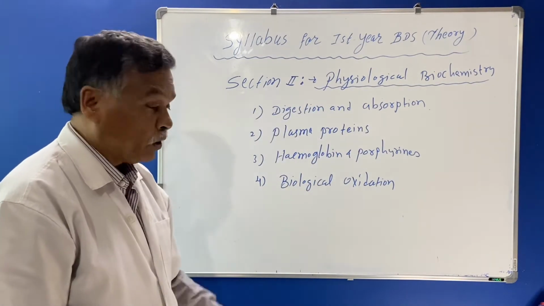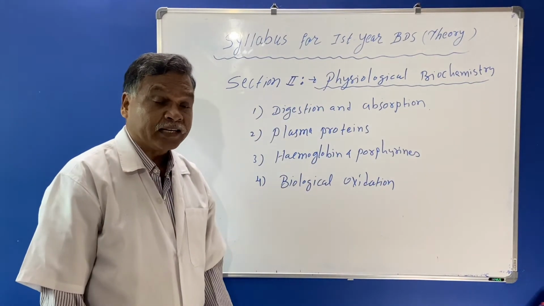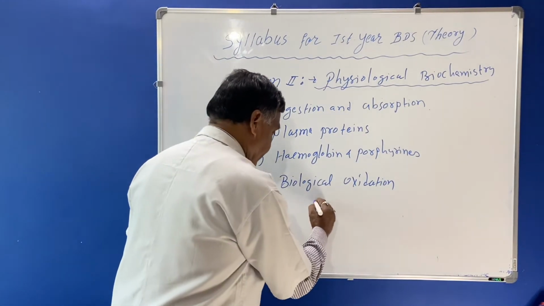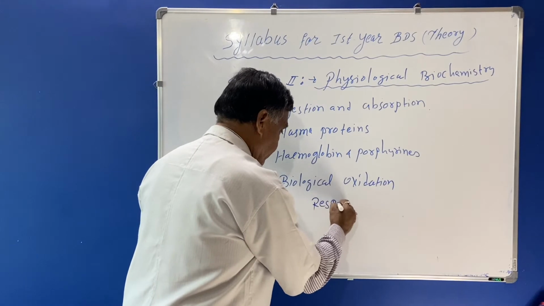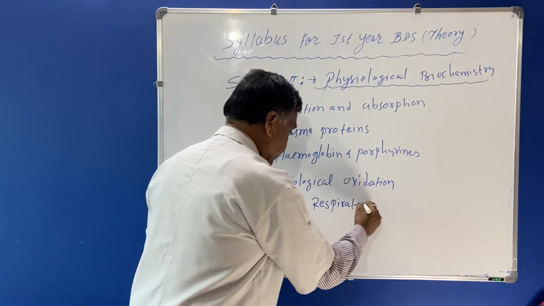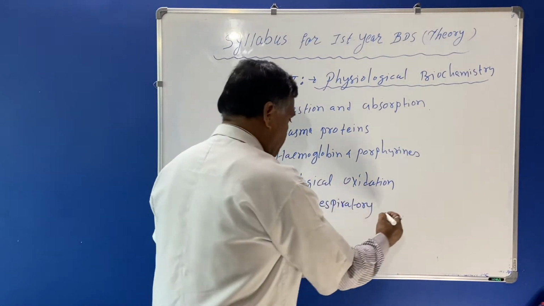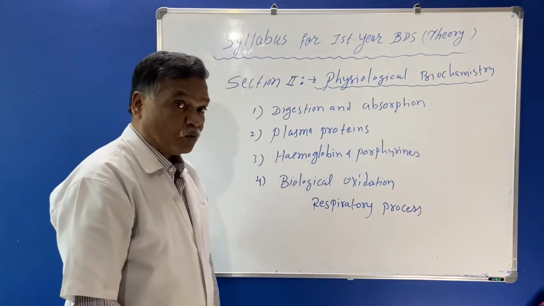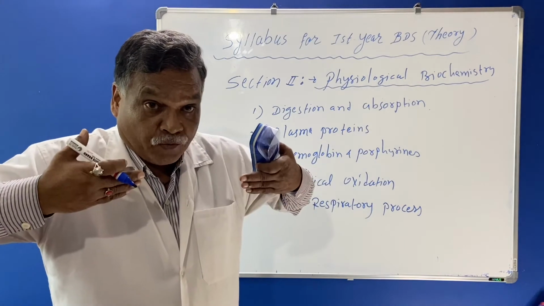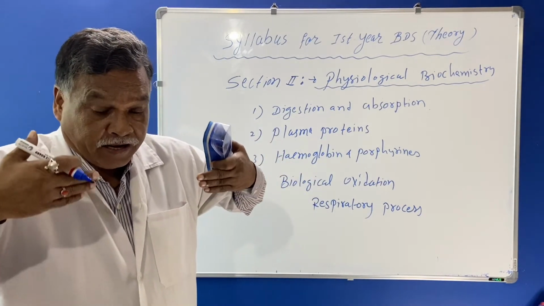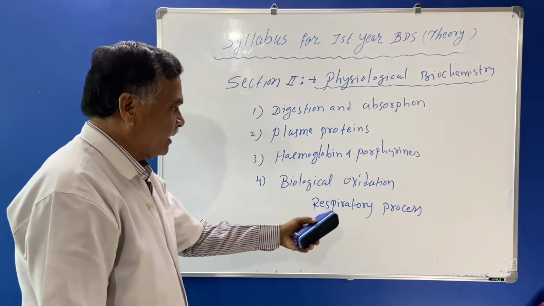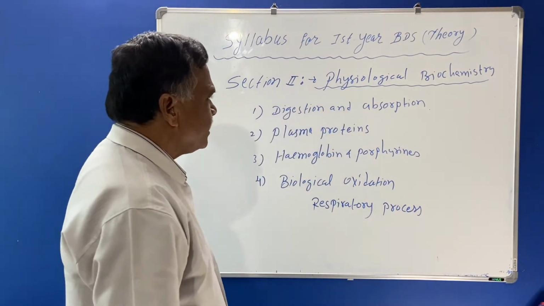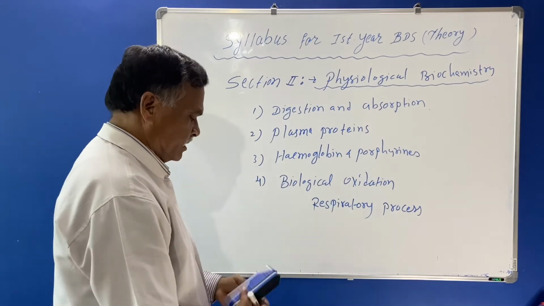Then biological oxidation, which is also known as the respiratory chain, a respiratory process. What changes take place when we inhale and exhale air? So it is a respiratory process, biological oxidation. Under physiological biochemistry, we have to see all these things.